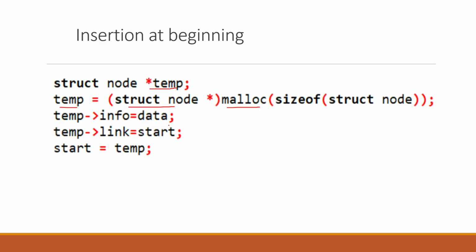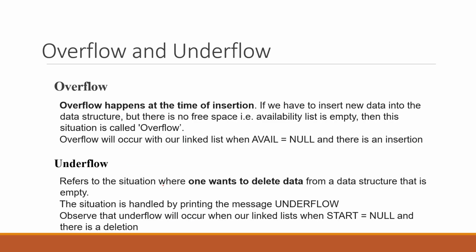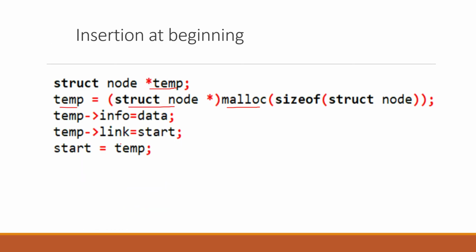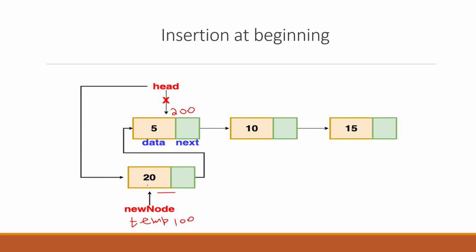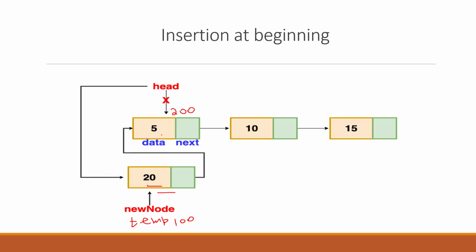According to this instruction, temp points to the new memory allocation. Means this is temp, and temp points to this memory allocation. Now temp info is equal to data. Here we fill the data, that is 20. Temp link is equal to start.